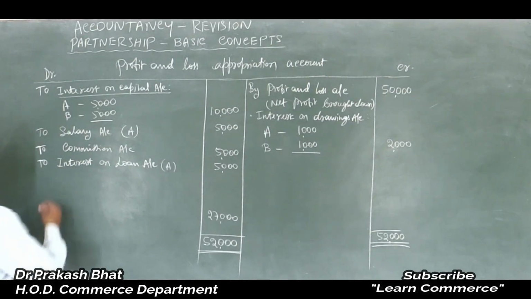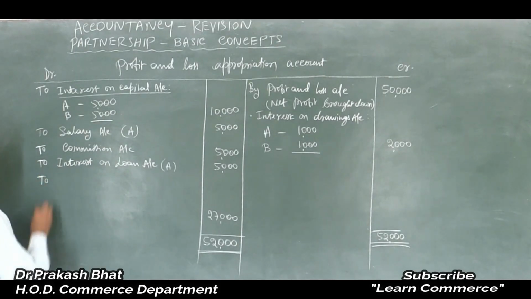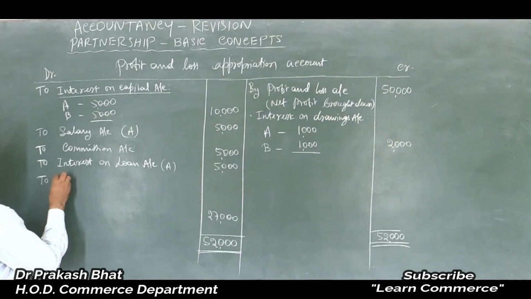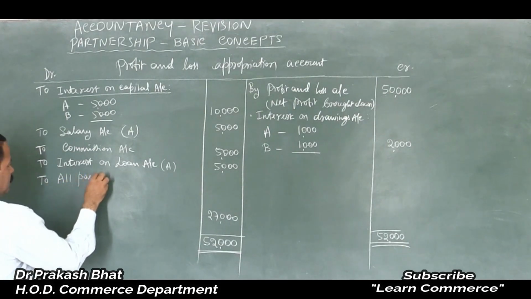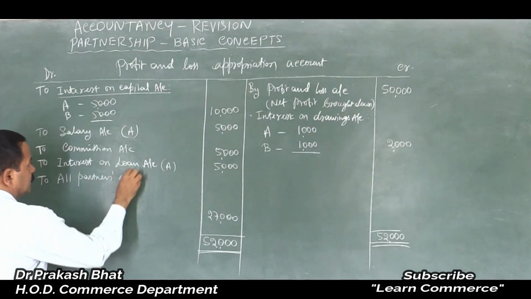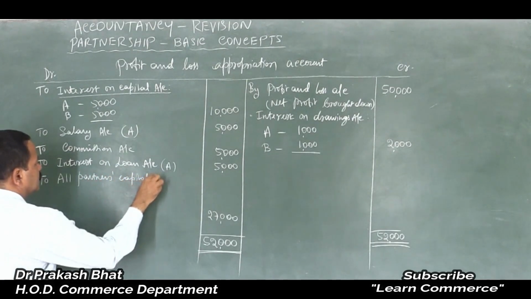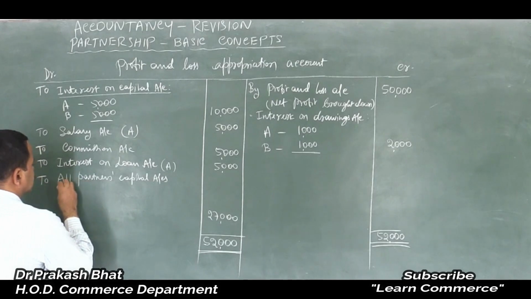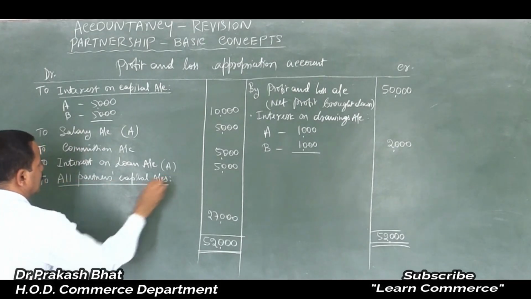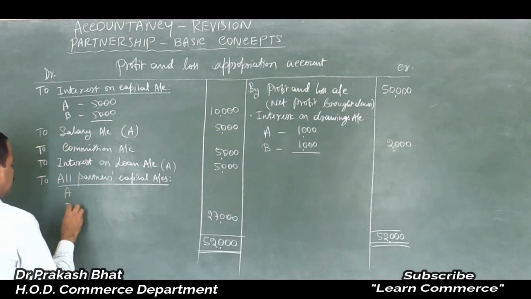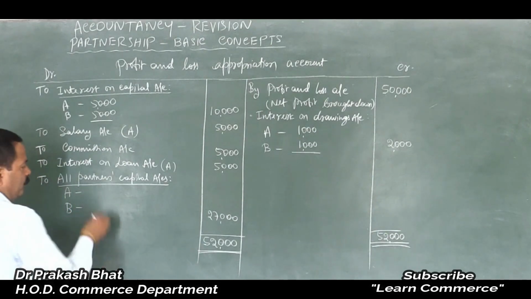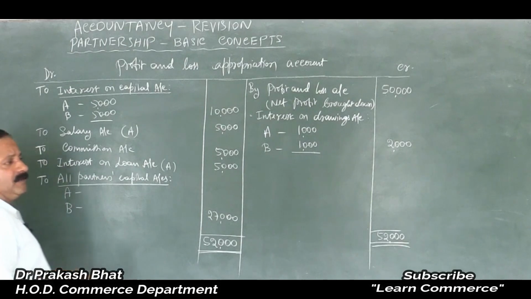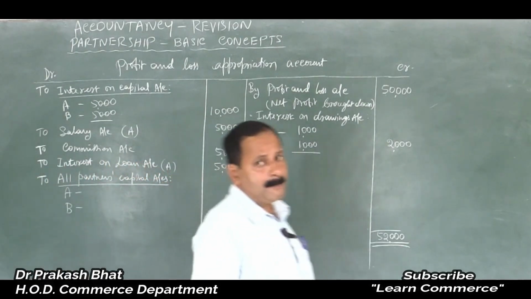That is profit to all partners' capital accounts. All partners' capital accounts, under that A and B, 50% each. Maybe they were sharing profits and losses equally.